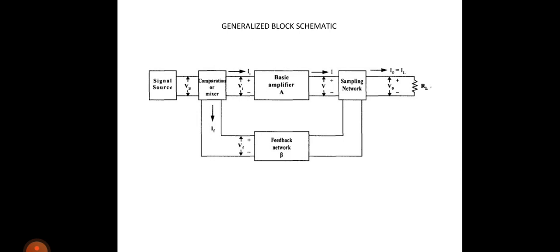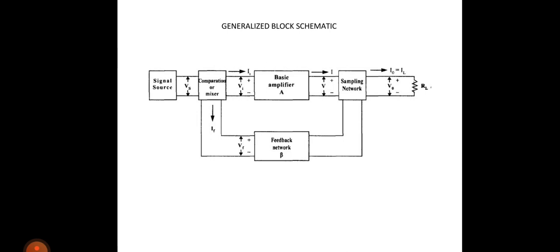Students, you can see the basic amplifier can be any one of these amplifiers. Either it can be a voltage amplifier, current amplifier, transconductance amplifier, or transresistance amplifier. In general, it is represented by A. Depending upon the type of amplifier, we can sample the output.